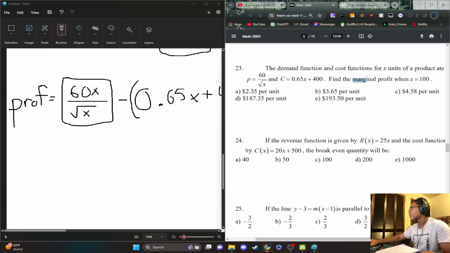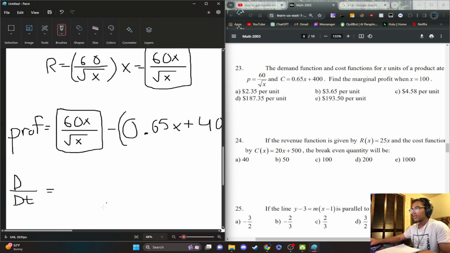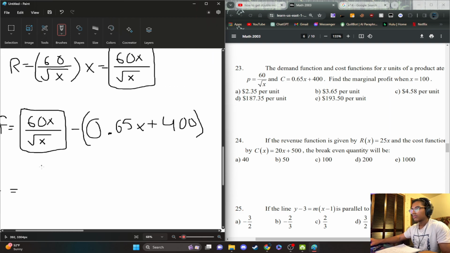Next step, you have to find the marginal profit. And what does marginal mean? Marginal is the same thing as derivative. So you find the derivative of this, d/dx of this value. Sorry.